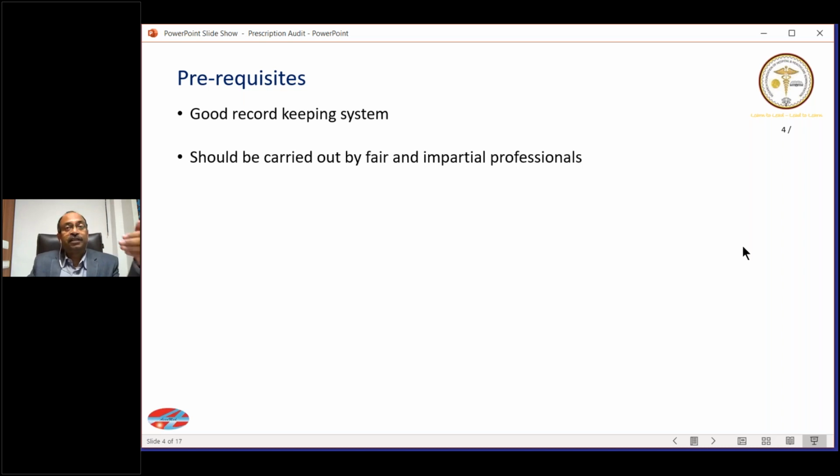So if you're going to audit a doctor's prescription, or the prescription from a particular specialty, do not have people from the same department doing the audit, because then you are not likely to get the correct findings. Therefore, the impartial people are required, and this person also should preferably be trained in the audit methodologies, how to take a sample, how to collect the data, and how to do the analysis. If they are not trained, then you are not going to benefit from the audit activity that you will implement.